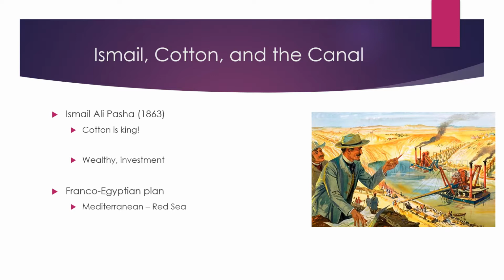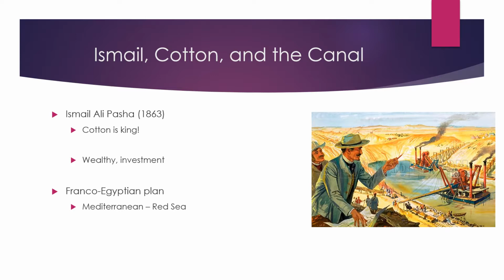Ismail Pasha, who took power in 1863, relied particularly upon cotton during the American Civil War as a really bonanza of cash crops. It is more wealth coming into Egypt than ever before.